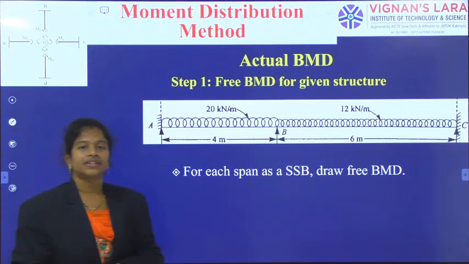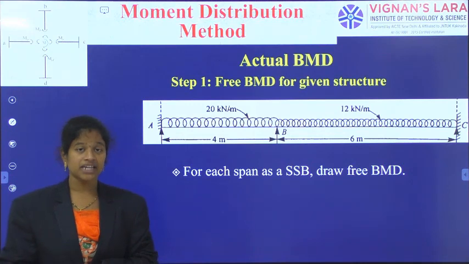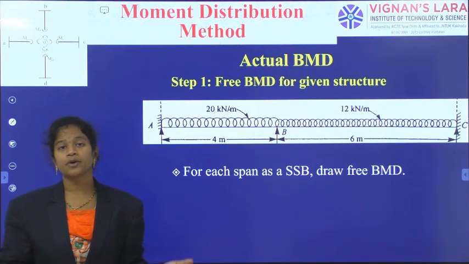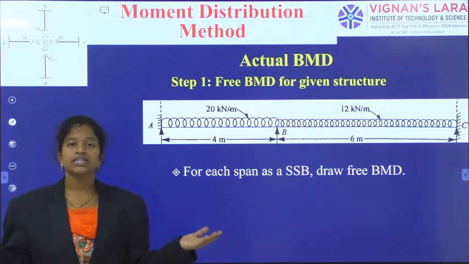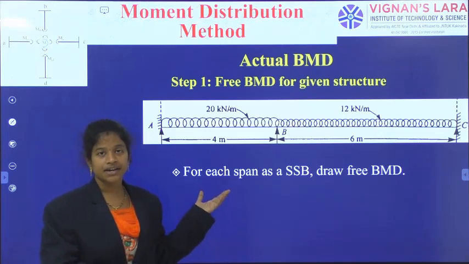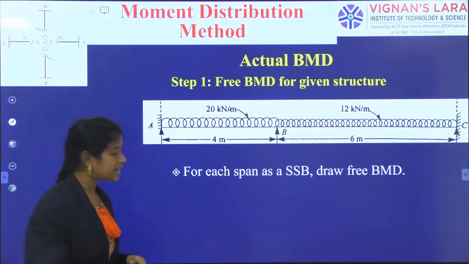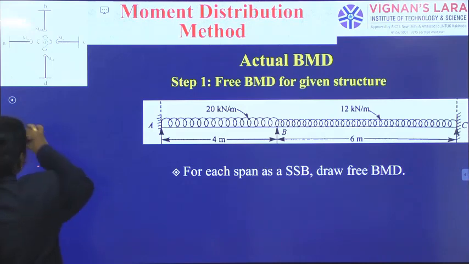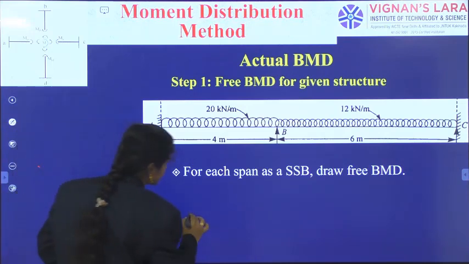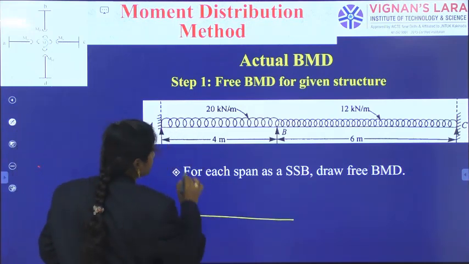And then going for the bending moment diagram. As the actual bending moment diagram is involving the superimposing of the free bending moment diagram and the support moment diagram. So firstly I am generating the free bending moment diagram, taking each span as a simply supported beam. Firstly we should have to generate the bending moment diagram.